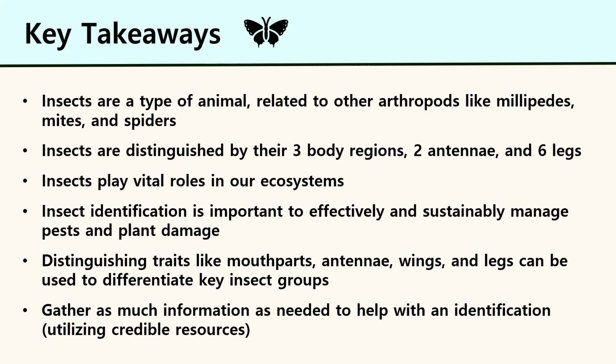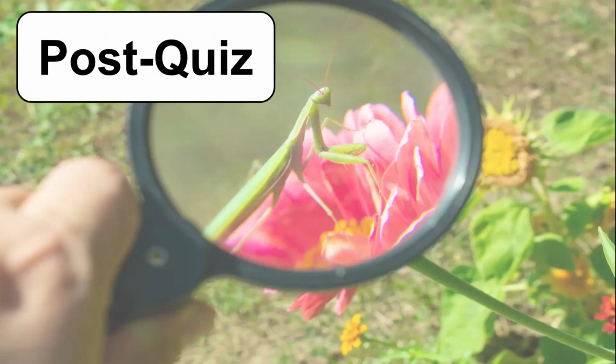Gather as much information as needed, just like in our first class, when we learned about plant diagnostics. The more information, the better, generally, to help with your identification, always utilizing those credible resources. Credible resources, please. There's so much misinformation out there.